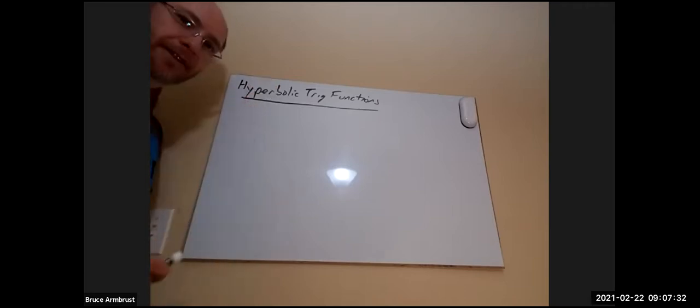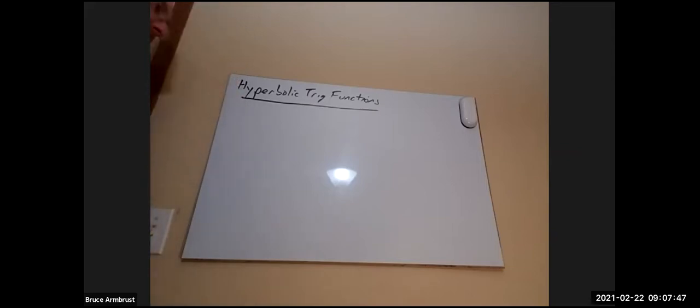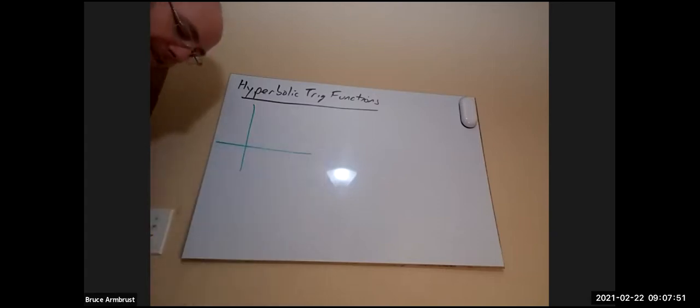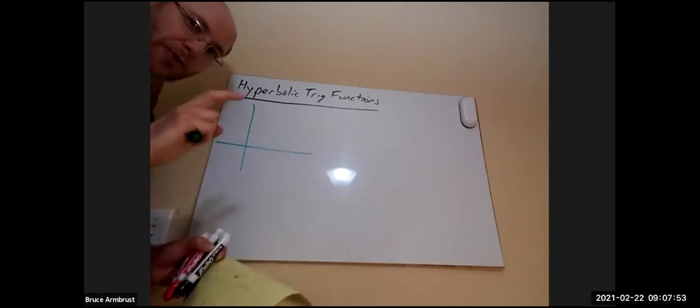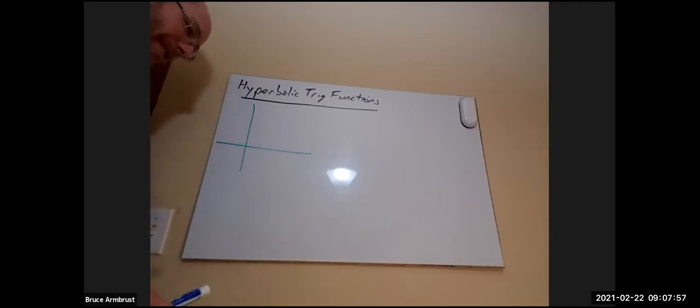Well, hyperbolic trig functions are actually defined exactly the same way, except using the coordinates on a hyperbola instead of a circle. So basically, here's our axes, think about a unit hyperbola.